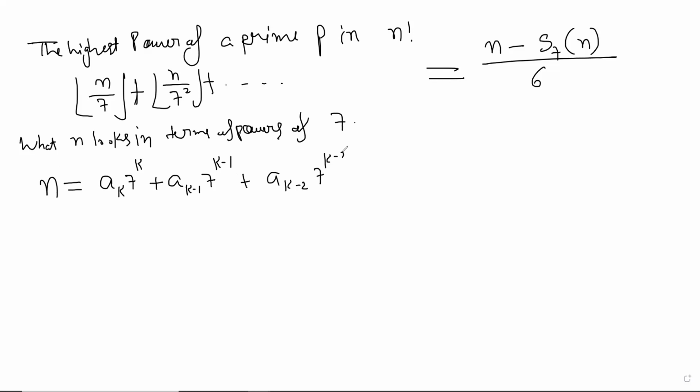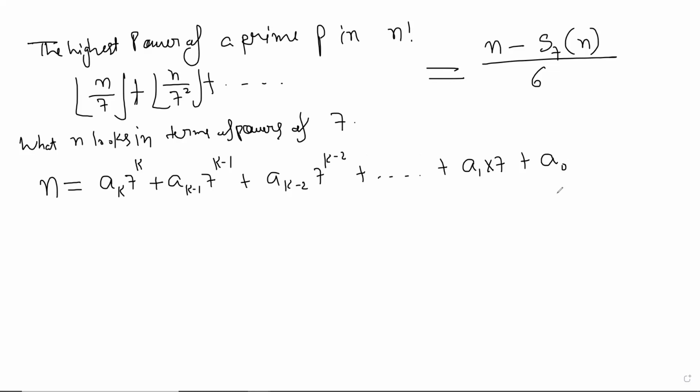So these a_i are the digits. This is the general thing I'm writing; in the previous problem these were 2, 0, and 4, but here I do not know what they are, so I'm just writing them. This is how it will look when you write it using powers of 7.